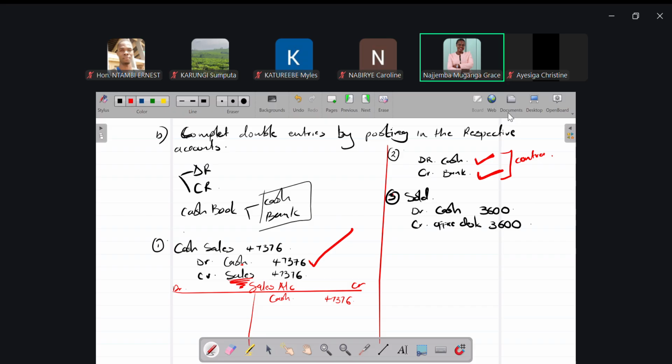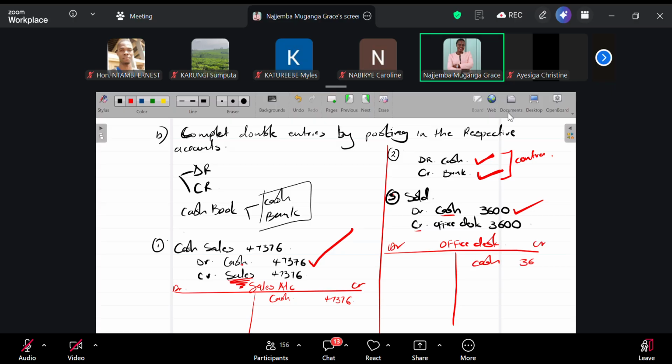You all agree with me that you posted this entry. We went to the cash book and we're interested in cash, but we don't know where is this ledger. So you simply come and say office desk over here. This should be credited because we are crediting. Through cash, we sold it of 3,600. So you're completing double entry. I have a shortcut, but it's not good for now. Now you force yourself to understand.